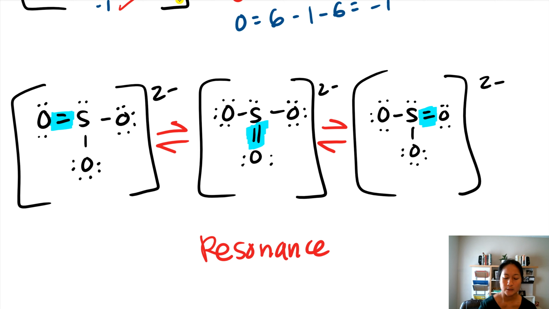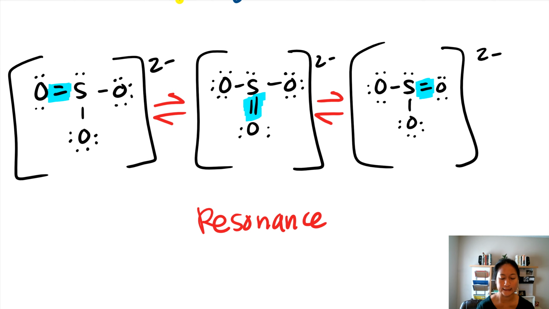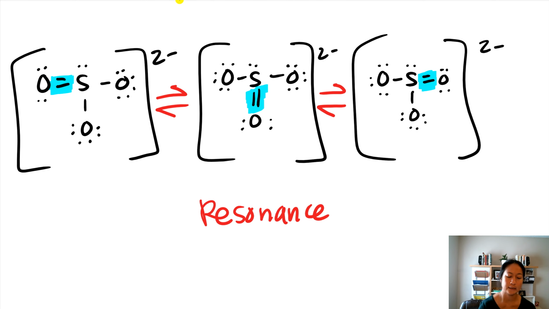And if this was a test or quiz or exam, we would want to draw all valid resonance structures for full credit. And again, that double bond is really between the sulfur and all 3 of those oxygens.